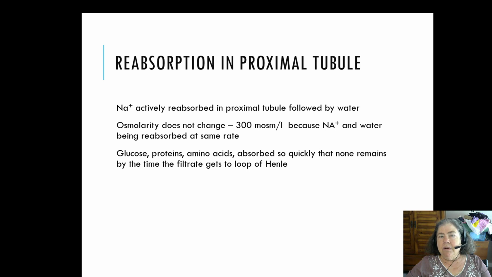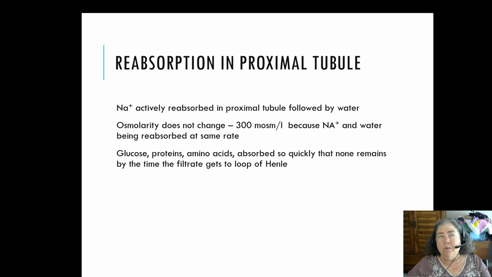And this is important clinically because if there is glucose in the filtrate beyond the proximal tubule, it's going to stay in the filtrate and not be reabsorbed, so it's going to over time affect the osmolarity of the filtrate, and it's going to end up being peed out.